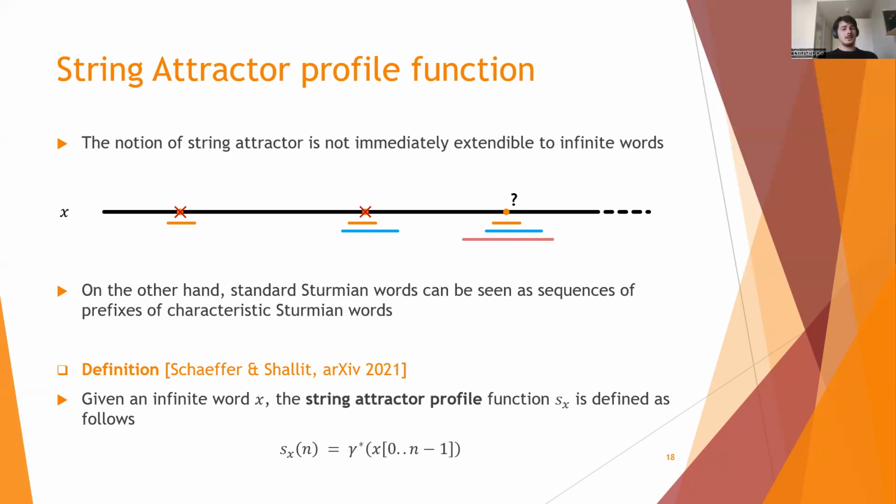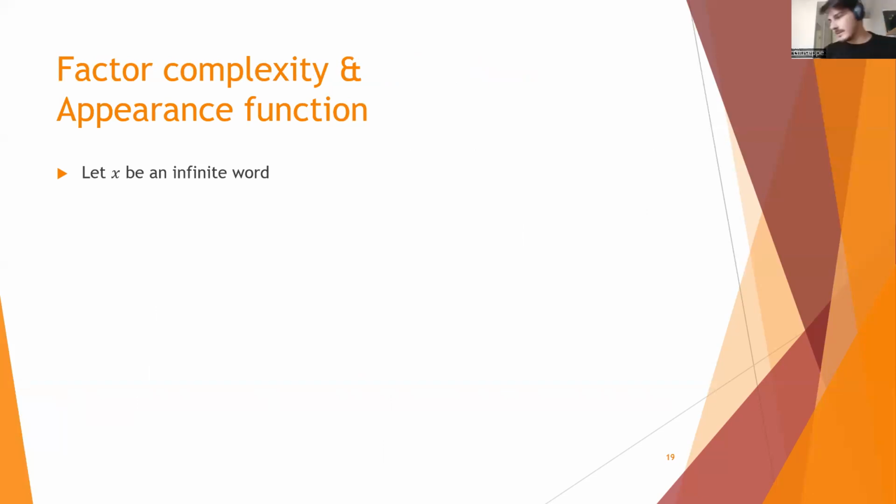That is the string attractor profile function, defined for every n as the size of the smallest string attractor for the prefix of length n. We want to relate this function with other functions related to repetitiveness in infinite words.